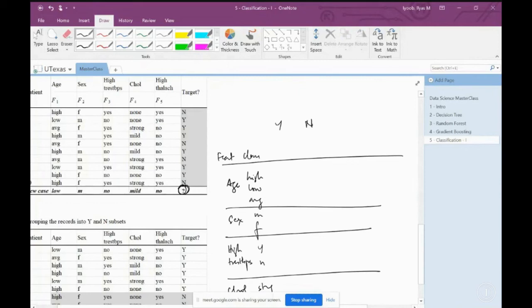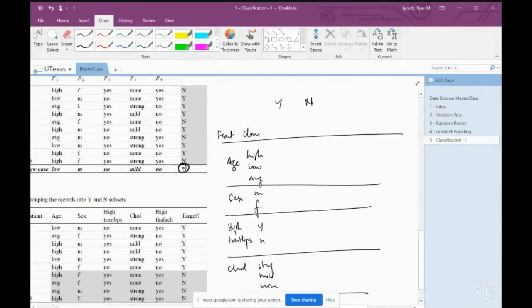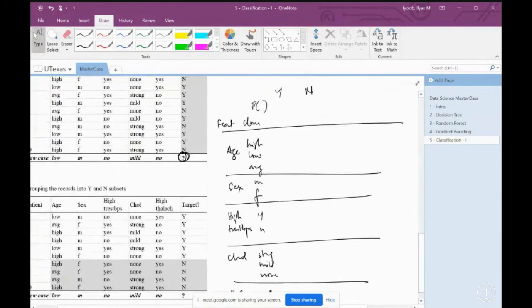First, what is the probability of Y? You've got 1, 2, 3, 4, 5, 6 out of 10, so 6 out of 10 is the probability of people that have the disease, and no is 4 out of 10.